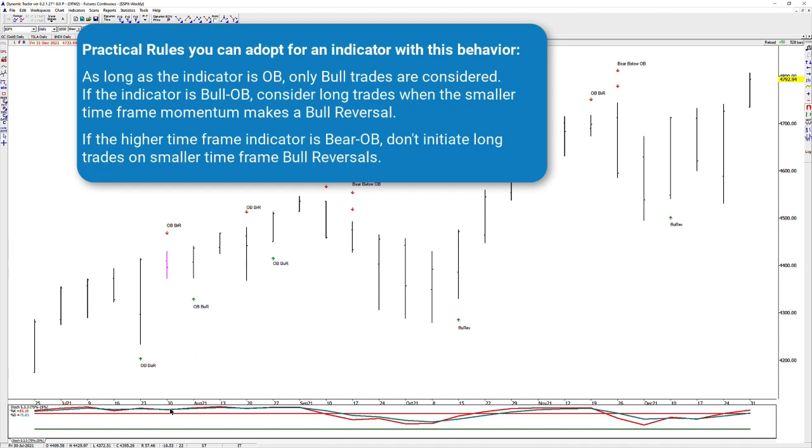So the main thing to remember here is if it happens to be bearish in the overbought zone, that just means don't buy. It's not a setup to buy. If it's bullish in the overbought zone, that's still a setup to buy in a smaller time frame for a continuation of the bull trend.